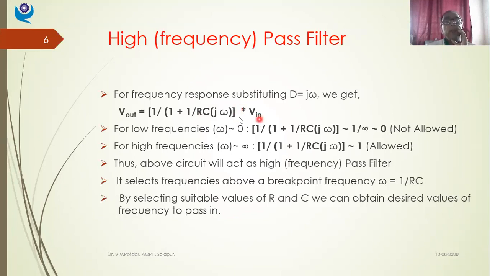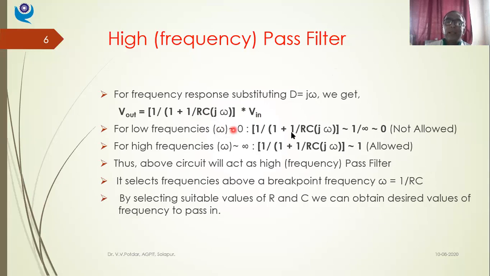Now, we are talking about high pass filter, so I want only high frequencies to pass through. Okay, let us check. For low frequencies, that means omega is nearly equal to 0. Substitute omega is equal to 0.